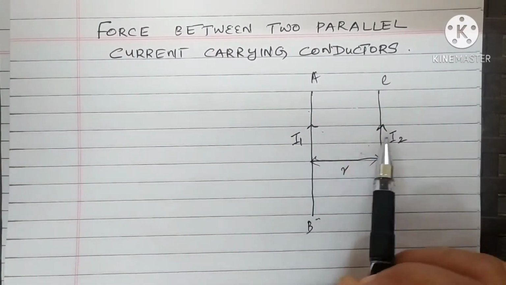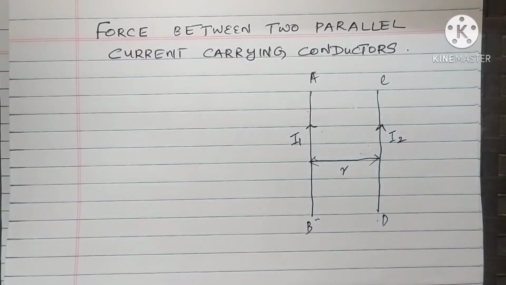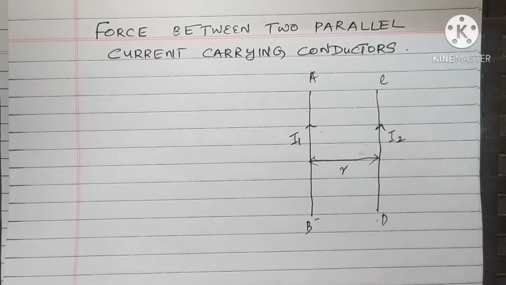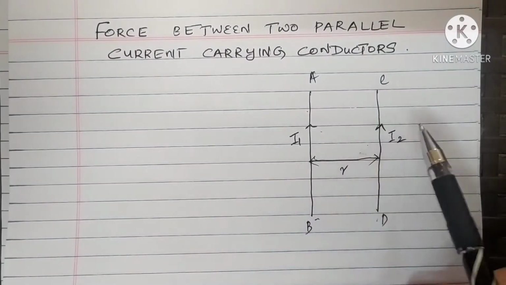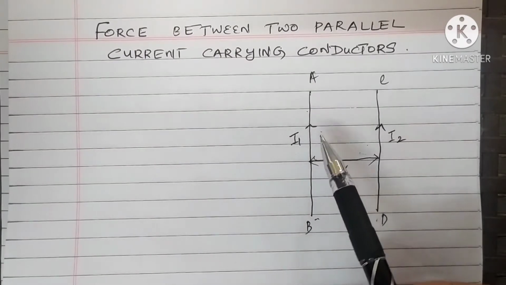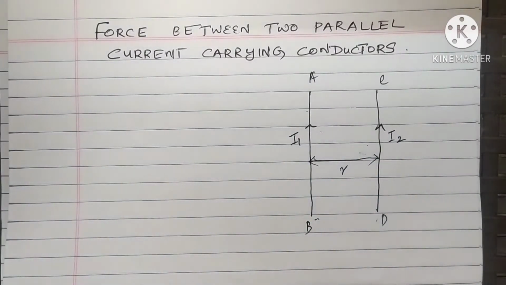That means they experience a mutual interacting force. Okay, these conductors will experience a mutual interacting force. Because of this magnetic field, it exerts a force here, and because of the magnetic field produced by AB, it exerts a force here.